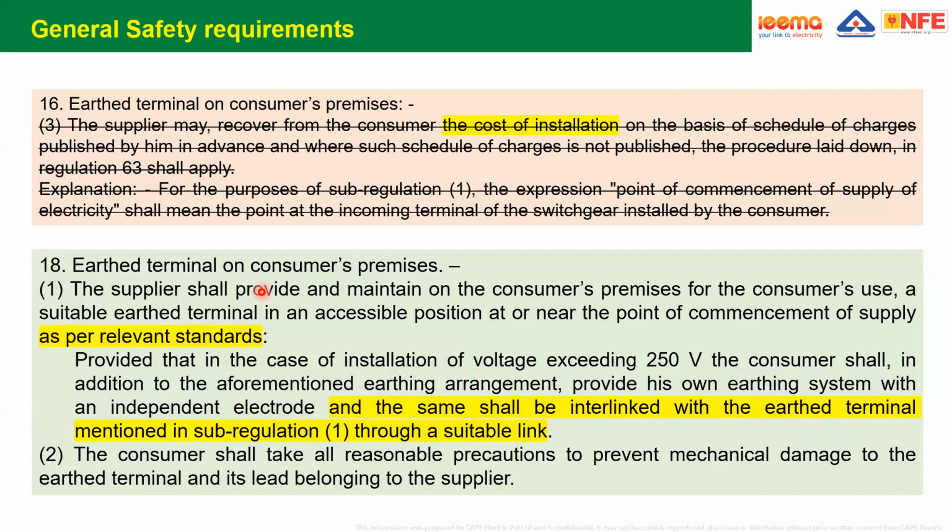So what this means is, at the consumer premise, the DISCOM shall provide a terminal called an earthed terminal. In order to call it an earthed terminal, the DISCOM has to connect the earth bus bar at the consumer premise to the neutral of the transformer through a metallic connection. It is not to the earth electrode. Earthed terminal means this terminal is connected to the neutral of the transformer through a metallic path, so that in case of any fault, the fault current returns back through the metallic fault return path. So that is how it changed.